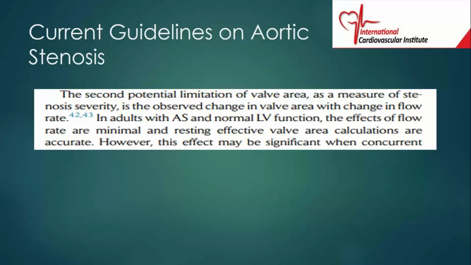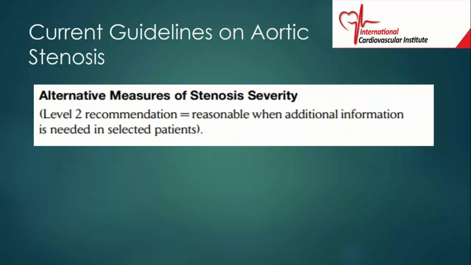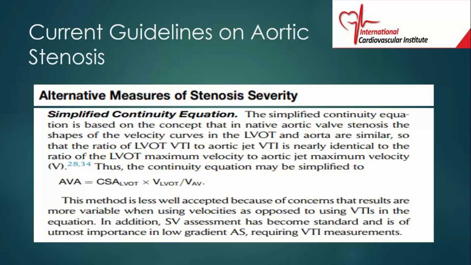Most of your error is going to occur when you measure the LVOT diameter, and that is why you need to spend some time trying to get the LVOT diameter as accurate as possible. Remember to zoom to reduce the errors.